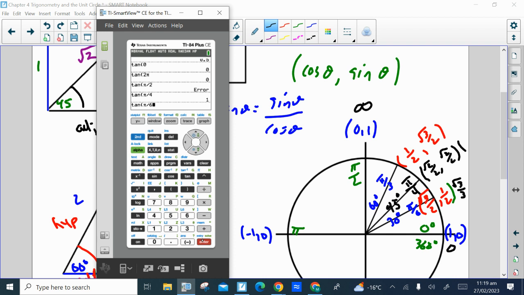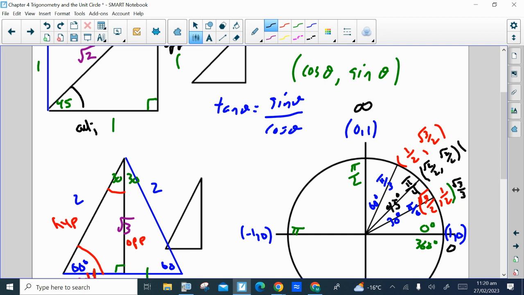The tangent of pi on 6, the calculator doesn't give you an exact value, it gives you an irrational number. But now we know that where that irrational number comes from, it is root 3 over 3. Root 3 divided by 3 is that decimal. But the unit circle, if we use it, gives that value as an exact number. Don't have to round it. Calculator can't do that. Okay?